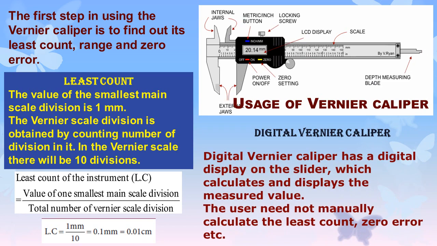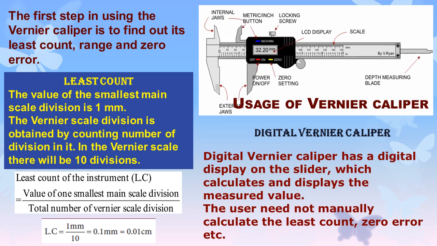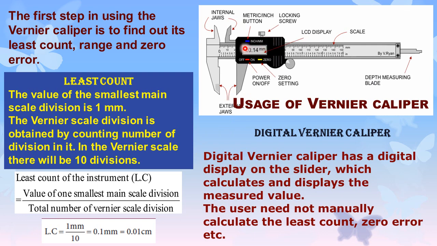And the digital vernier caliper. Today we are living in a digital world, and the digital version of the vernier caliper is available now. That's what we see on this page. This is a digital vernier caliper. No need to check with any vernier glass or anything.